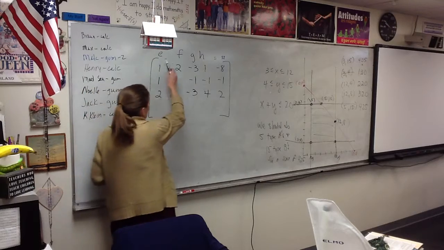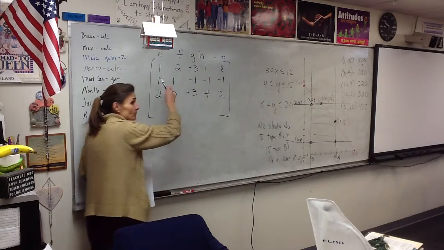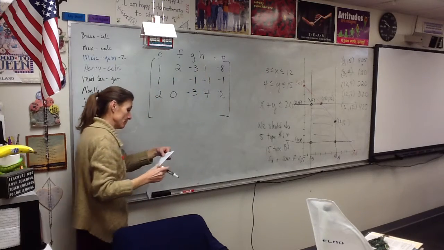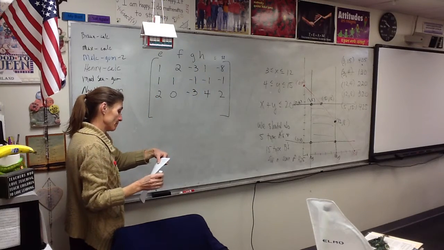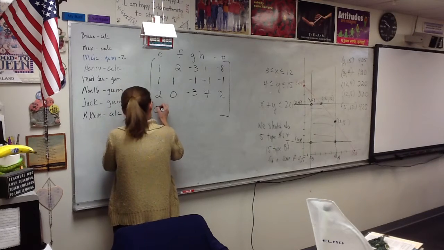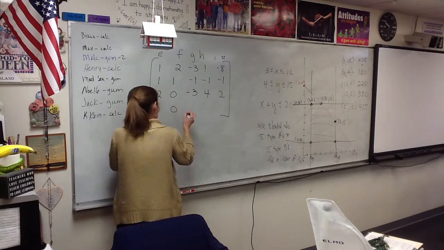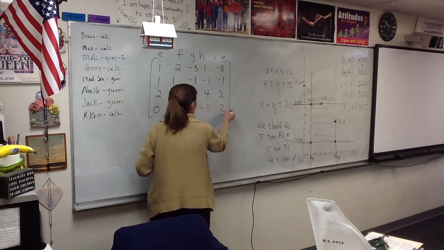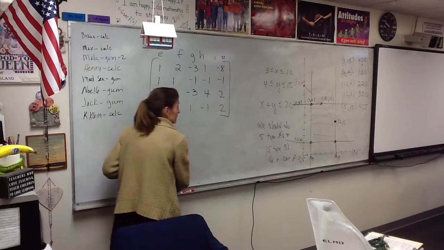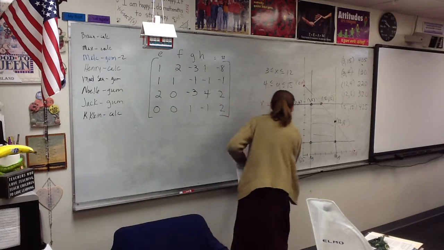Well, that's why I write the letters down up here at the top. Whatever I don't have is going to get a 0. So what's the bottom one? No E's, no F's. How does that look to everybody? 0, 0, 1.